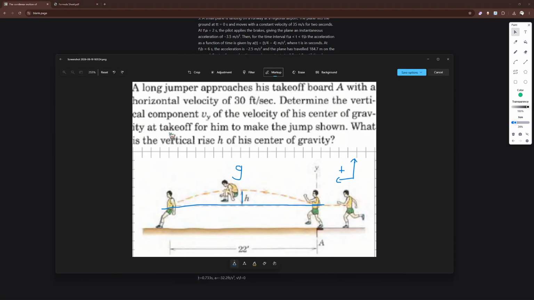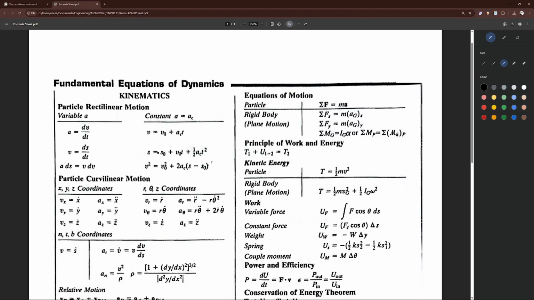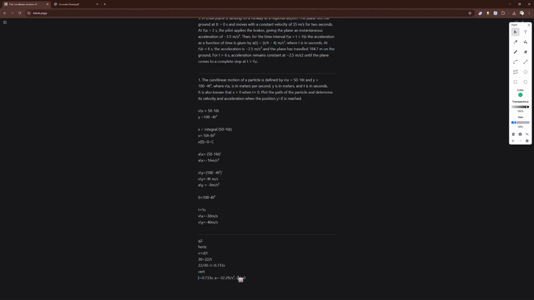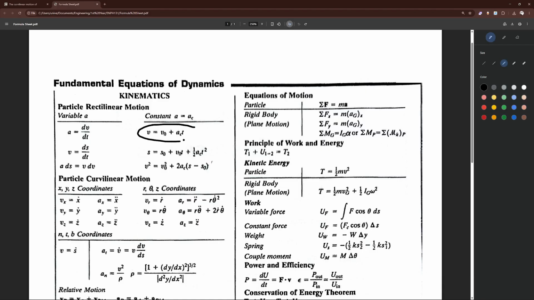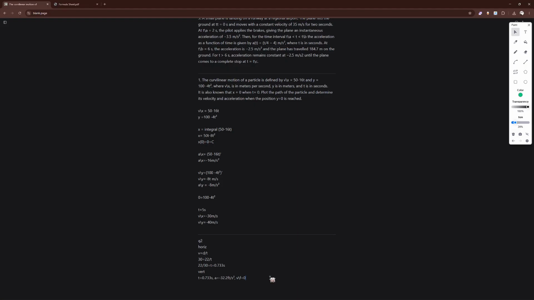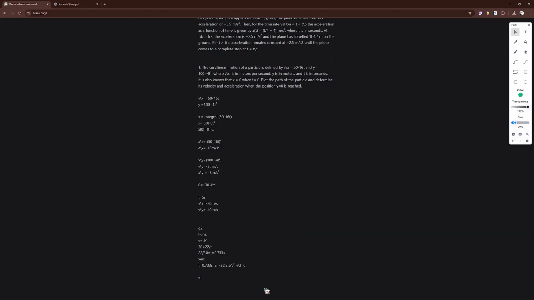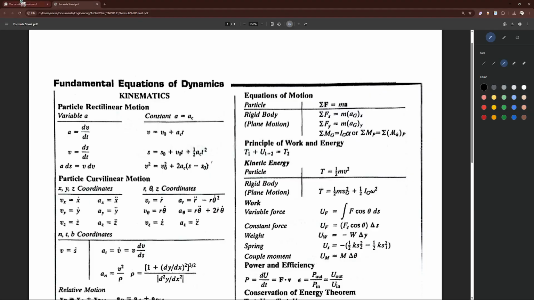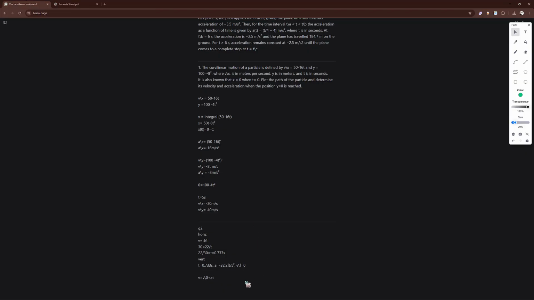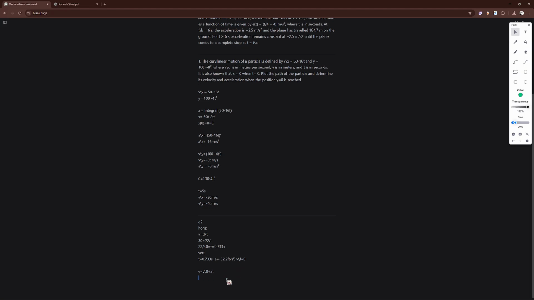So we have 3 values. And what are we solving for? Vy at takeoff. So initial velocity. We look at our equations. What do we have that lets us solve for initial velocity with these 3 things? This top equation. V is equal to V naught plus at. Nice and easy. So 0 is equal to V naught minus 32.2 times 0.733.